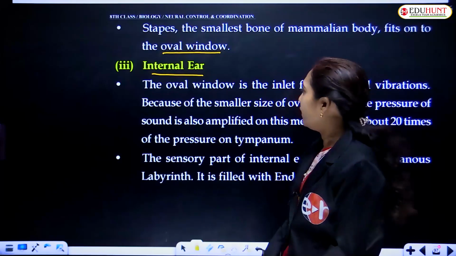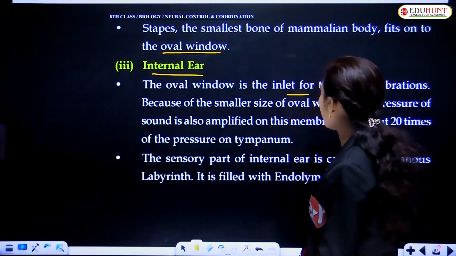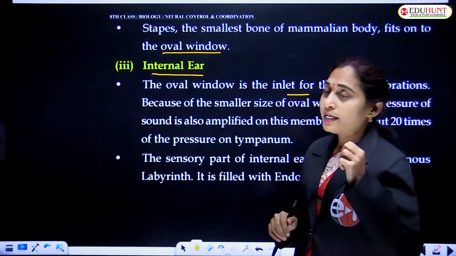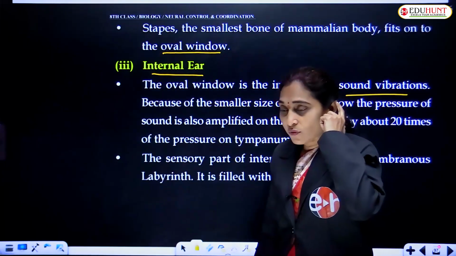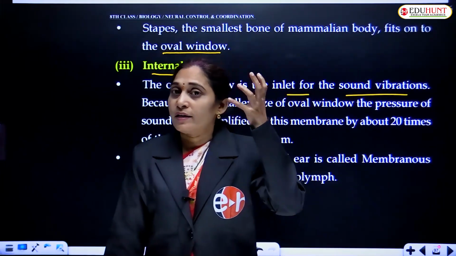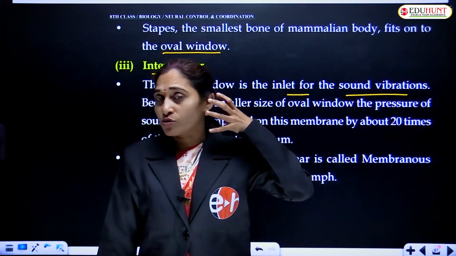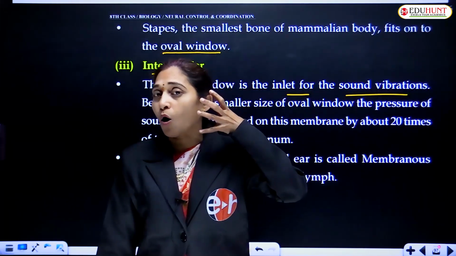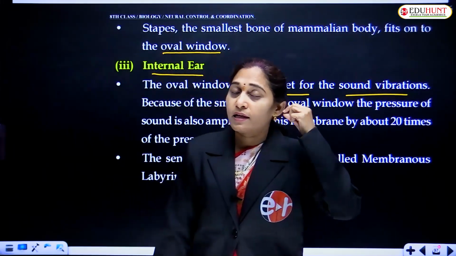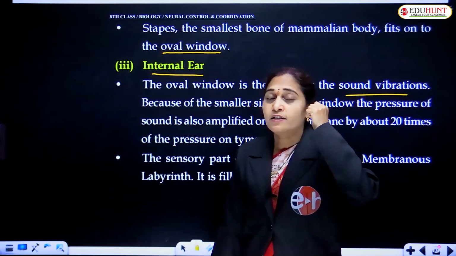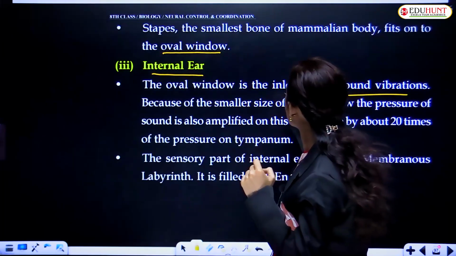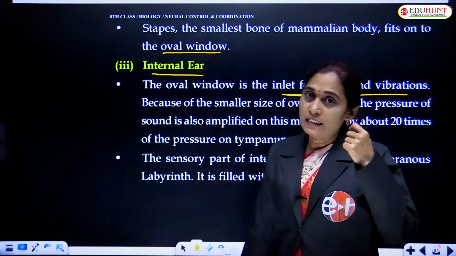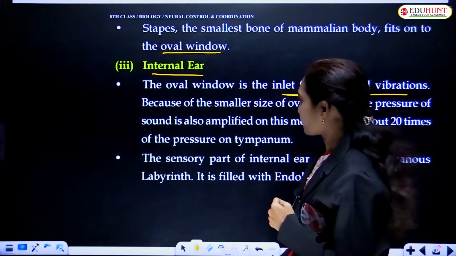The oval window is the inlet for the sound vibrations. First the pinna captures the sounds and directs them towards the auditory meatus, and then the sound waves are carried through the middle ear to finally reach the internal ear.